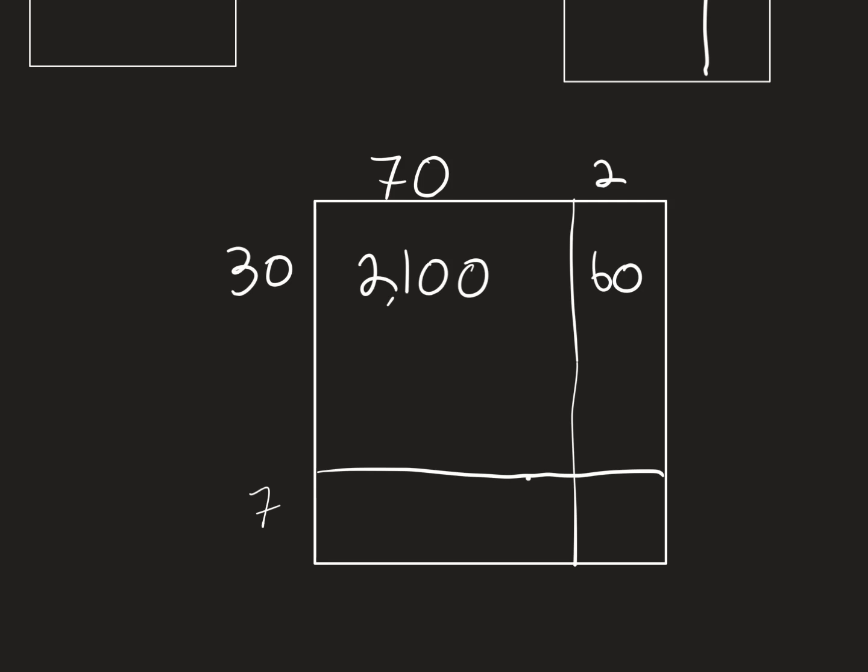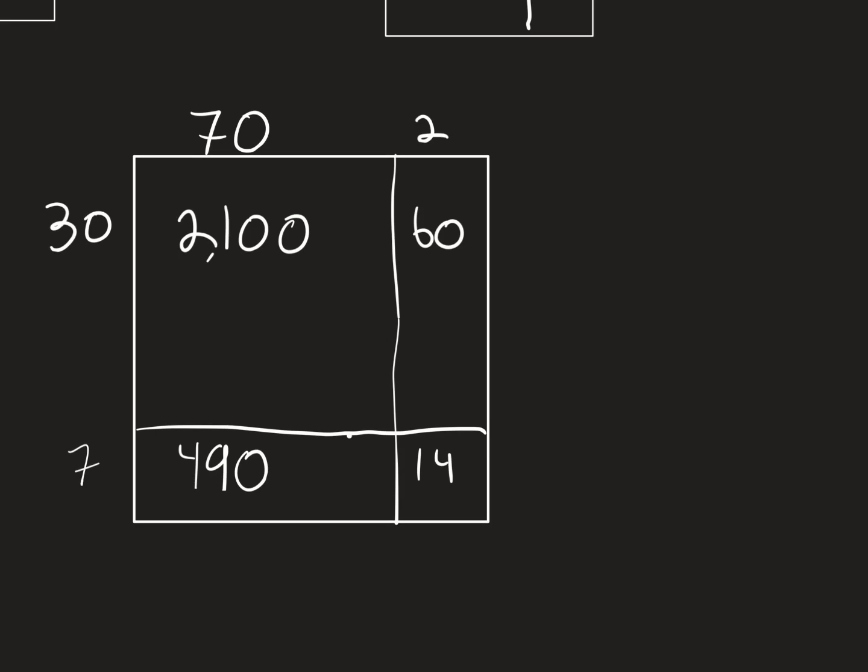Then I go down below, and I multiply 7 times 7, that gets me 49. I have 1 zero to drop, I don't have any to slide. And then lastly, 7 times 2 gets me 14. Now I just add these all up, and I like to put these from greatest to least.